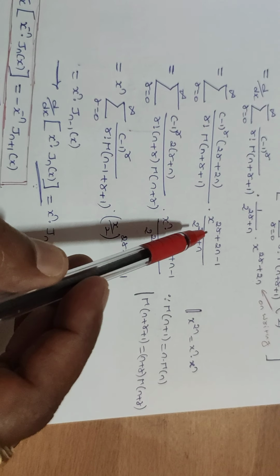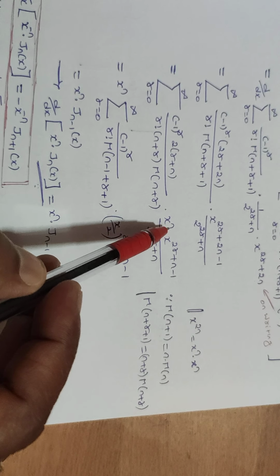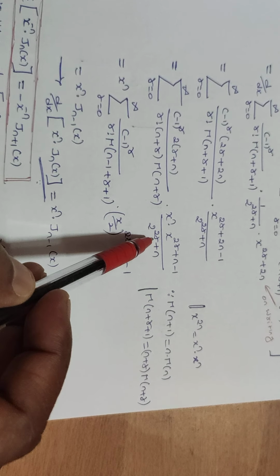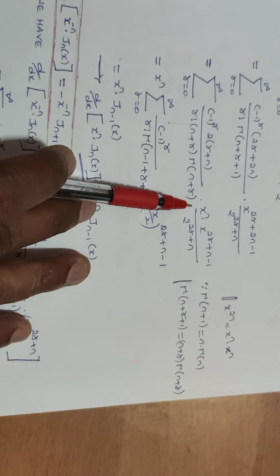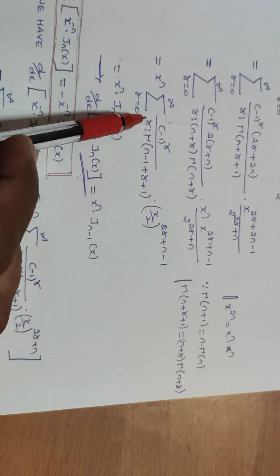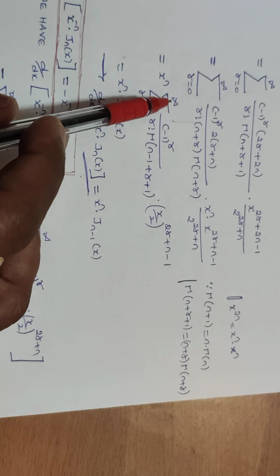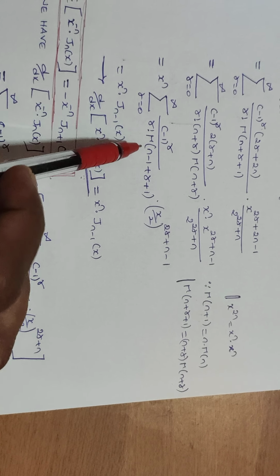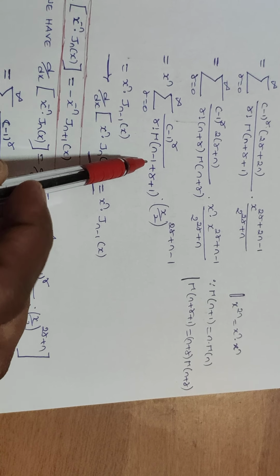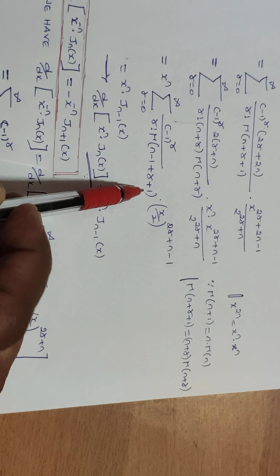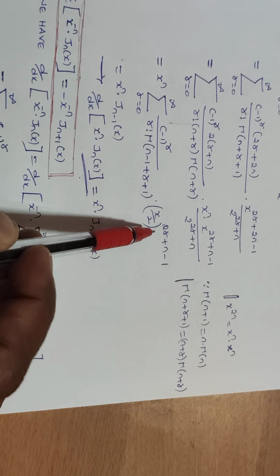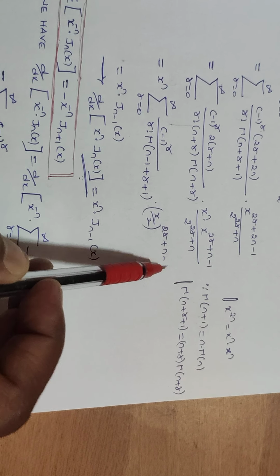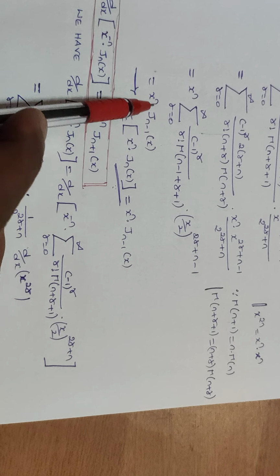So, again writing the above term as x to the power n into x to the power 2r plus n minus 1 divided by 2 to the power 2r plus n, which is equal to x to the power n into summation of r equals 0 to infinity, minus 1 to the power r divided by r factorial into gamma of n minus 1 plus r plus 1 into x by 2 to the power 2r plus n minus 1, which is equal to x to the power n.